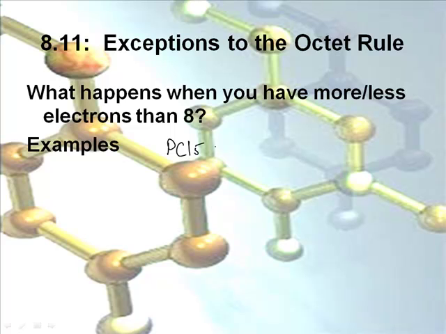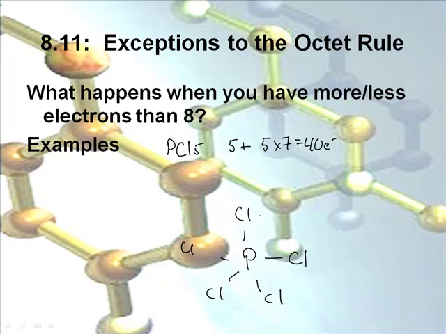So P is 5, plus chlorine is 7s, so it'd be 5 times 7. So that's 40, right? Yep. So if I've got P and Cl, 2, 4, 6, 8, 10. First of all, I've already spent 10 electrons. That's over the 8 number, isn't it? Yep. That's okay. It's the only place you can put them.